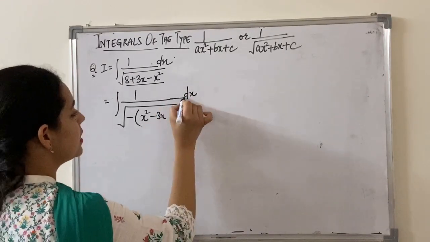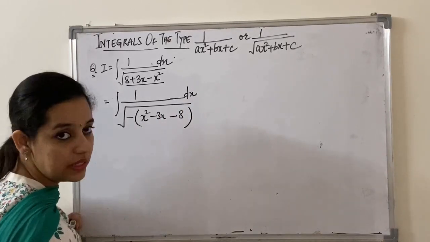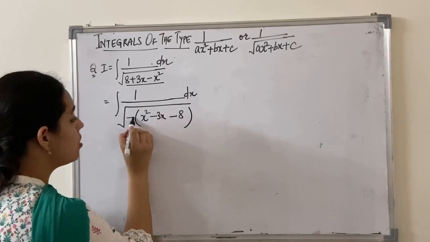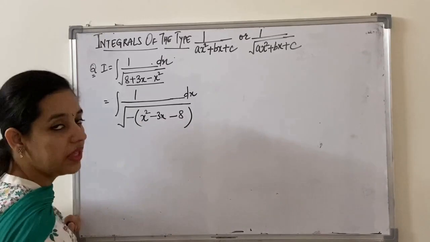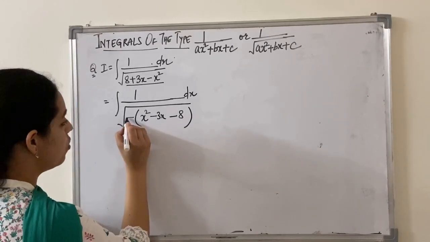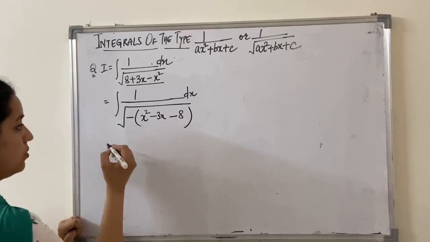You must take note here that the negative sign taken should be inside the square root only. This cannot be taken outside the square root sign, because then it will become an imaginary number. So to avoid that, we have to keep this negative sign inside the square root only.